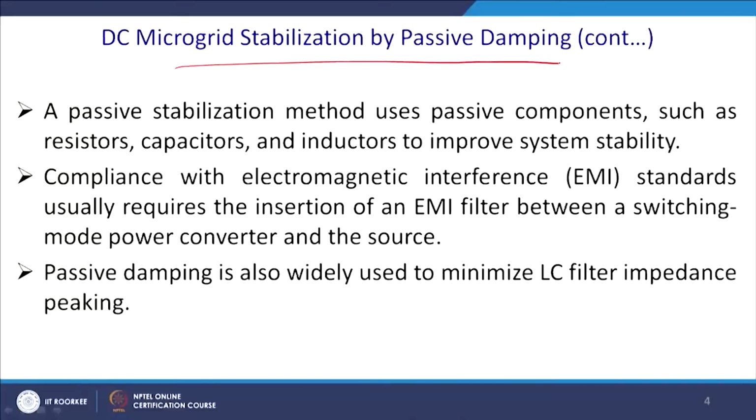To ensure this, we can go for stabilization by passive damping, but of course it is a less efficient system. Let us see how it has been done. A passive stabilization method uses passive components such as resistors, capacitors, and inductors to improve the stability, mostly required to damp out the oscillation.